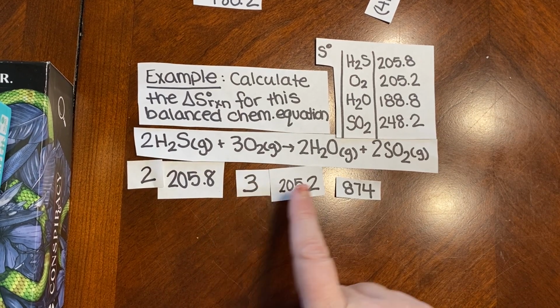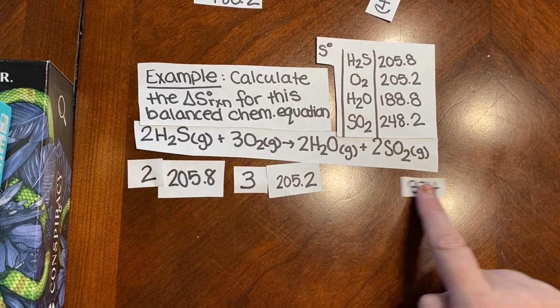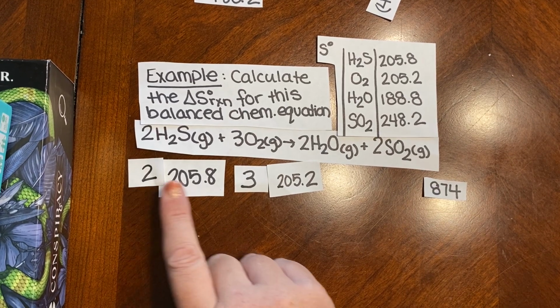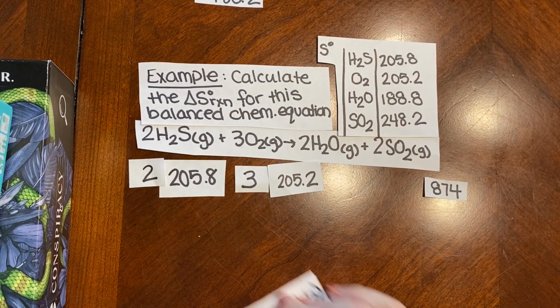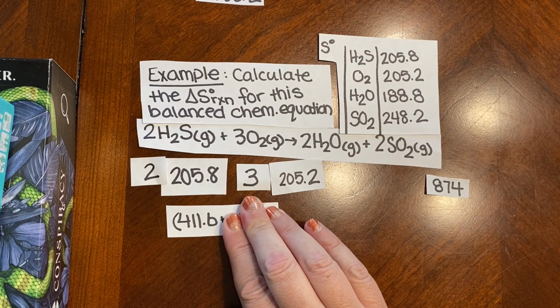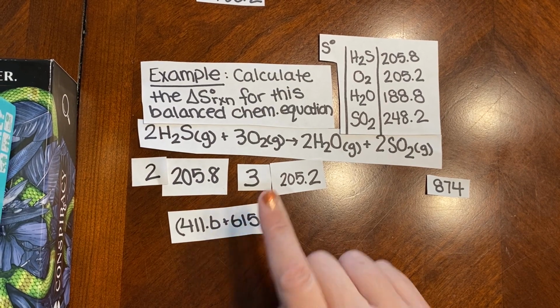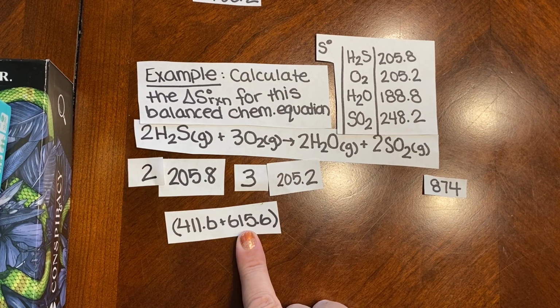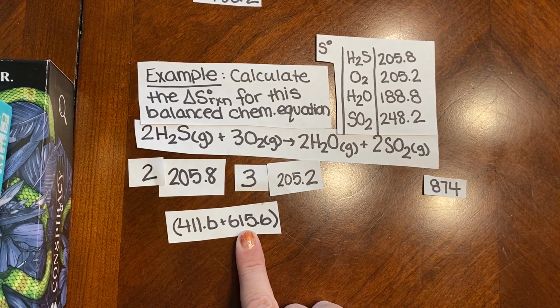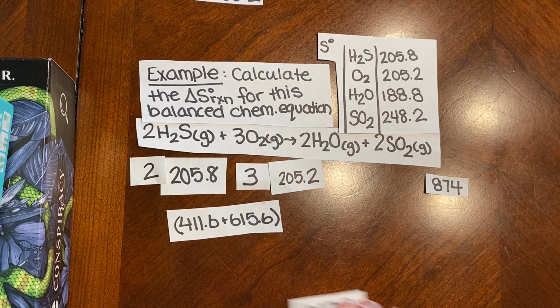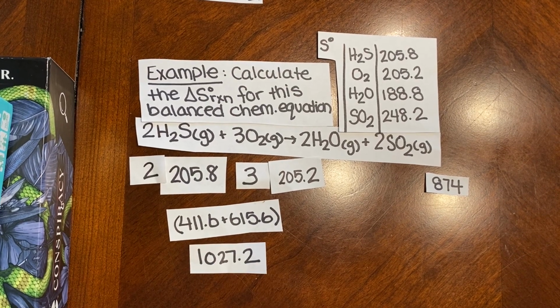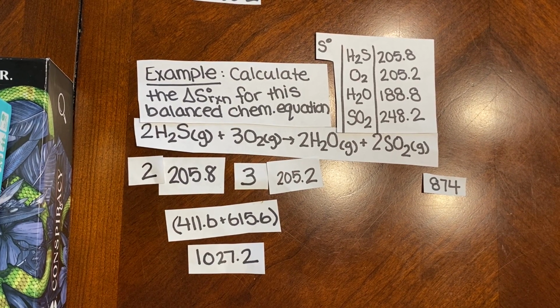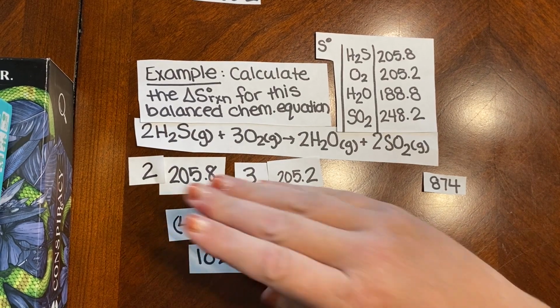So I'm going to multiply those 2 numbers together. 2 times 205.8 is 411.6. And 3 times 205.2 is 615.6. For a grand total, when you add them together, of 1,027.2.